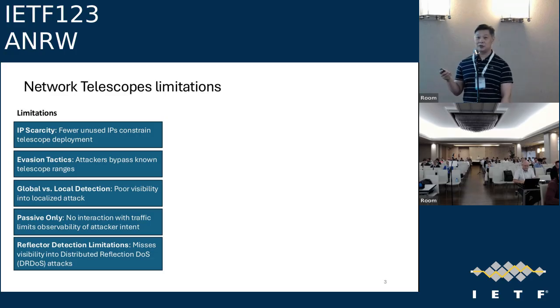So some of the sophisticated actors already know the address space, so they try to avoid sending packets to those darknet prefixes. Also, the darknet is good to detect global scans, but if the attacker is trying to do a localized or targeted scan, the darknet is not able to detect those activities, because there's no interaction with the darknet, so there's no context.